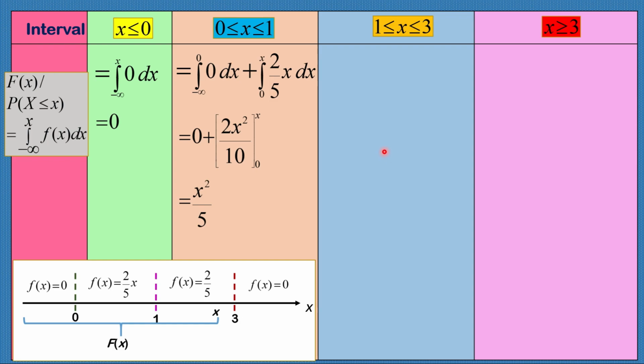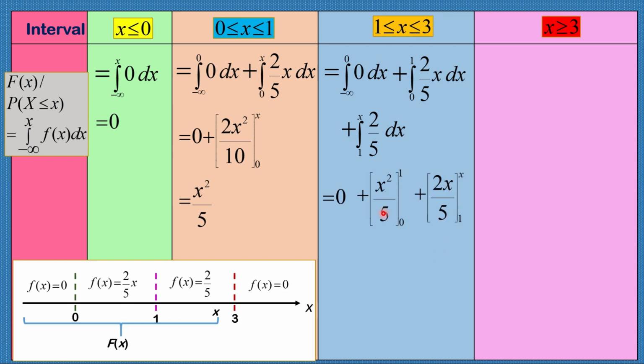So the cumulative distribution function is equal to the integration from negative infinity to 0 of the function 0, plus the integration from 0 to 1 of the function 2 over 5 x, plus the integration from 1 to x of the function 2 over 5. So this is the result after integrating.